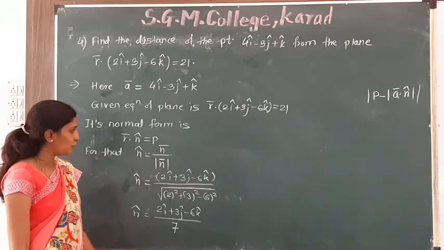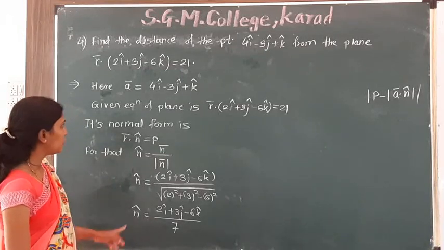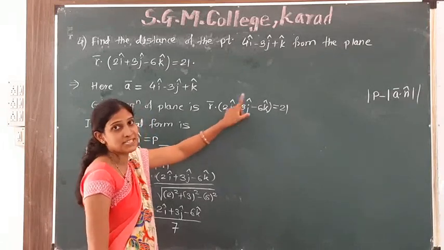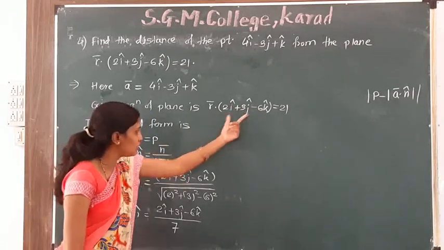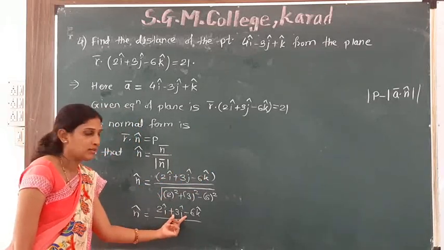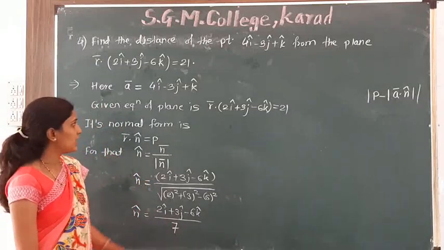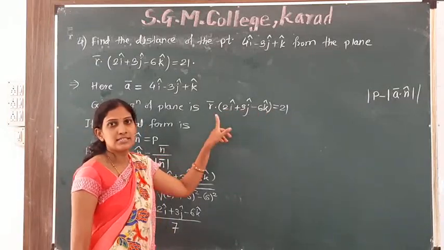So this is the value of n cap. Now we change here only: n bar is replaced by n cap. We have a numerator, but we don't have a denominator, which is divided by 7. So we divide this equation by 7.